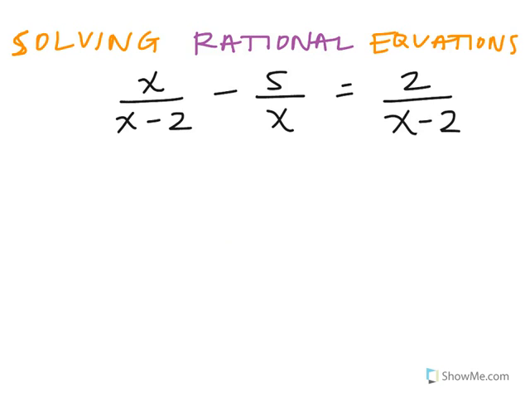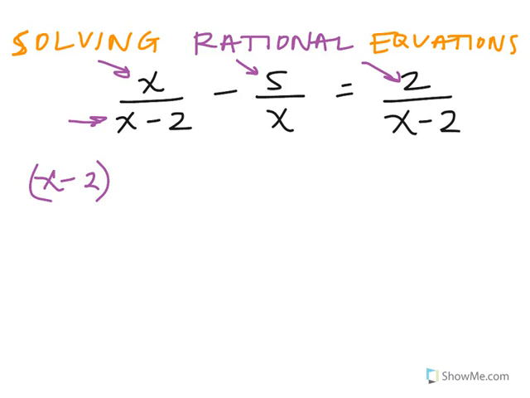So let's first find the quantity that we need to multiply by every single numerator to get the denominators to cancel out. We know we want to cancel out an x minus 2, so x minus 2 has to be a factor of the number we multiply by every numerator.